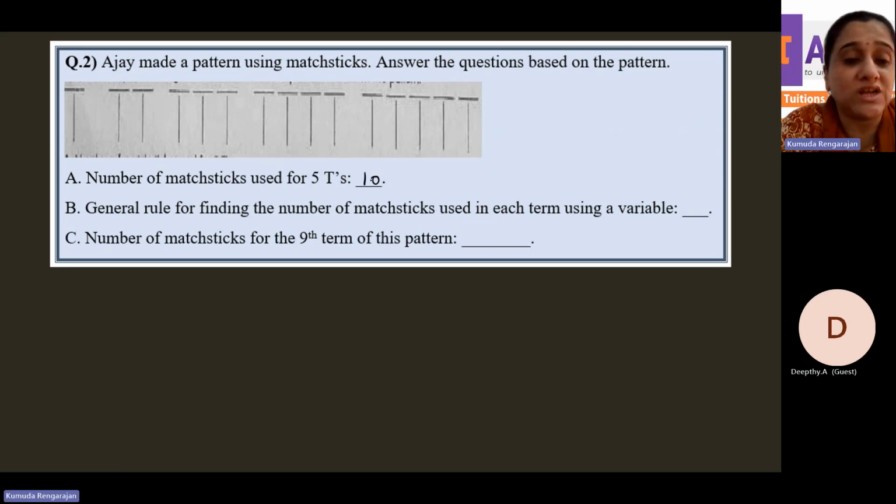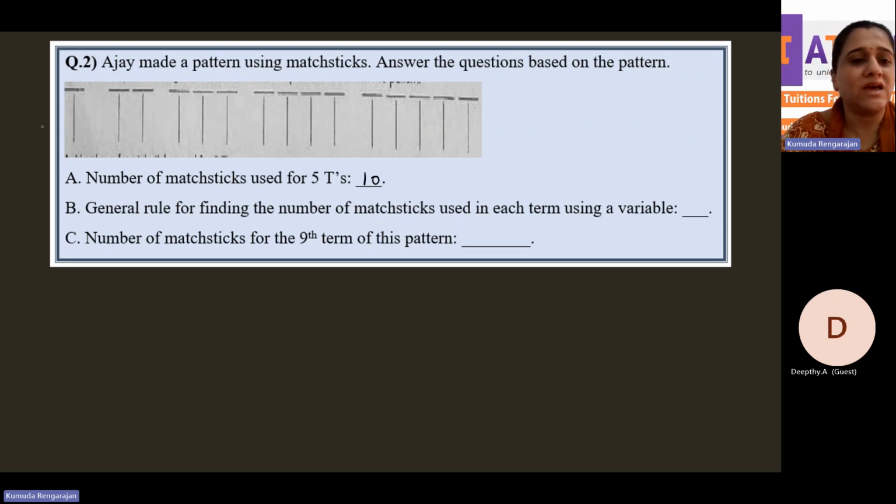Next question. The general rule for finding the number of matchsticks used in each term. And that rule you must give using a variable.